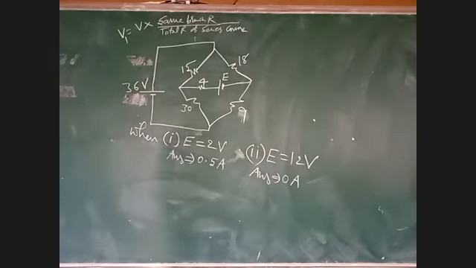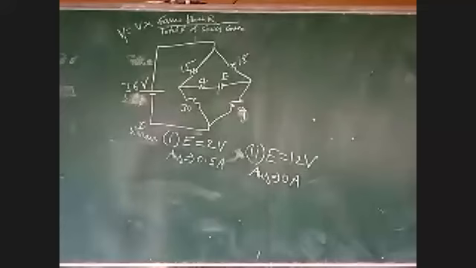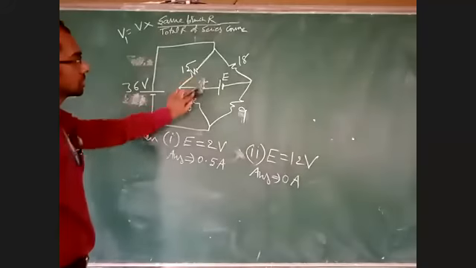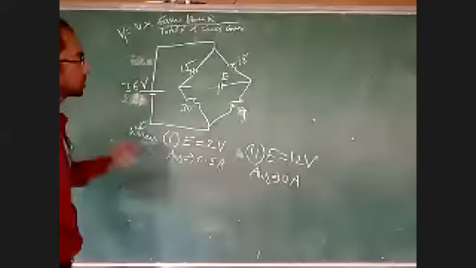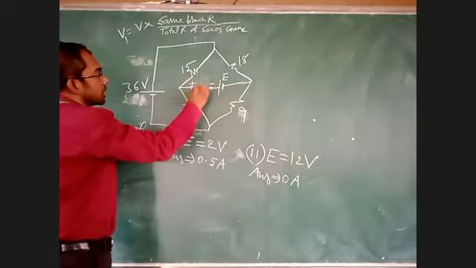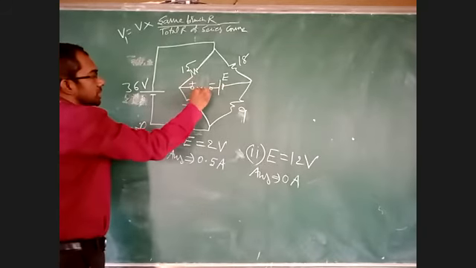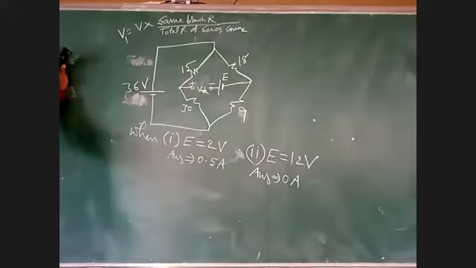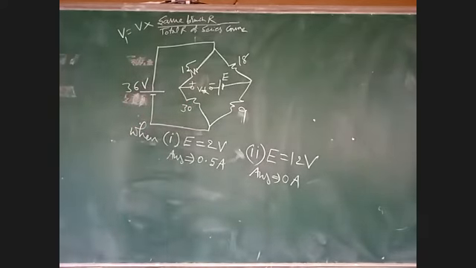What do you have to do? In a problem where he is asking us to determine the current in 4 ohms, we have to remove this 4 ohm resistor. After removing this resistor, take this as plus and minus, and take this one as VTH. Draw one more circuit. Don't write in the same circuit; draw one more circuit.